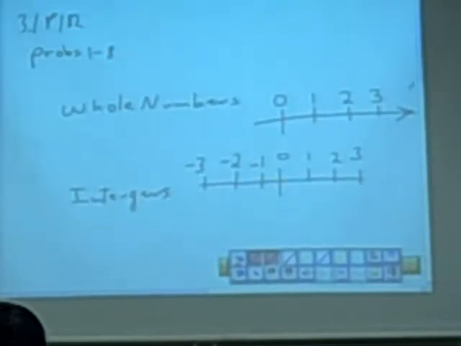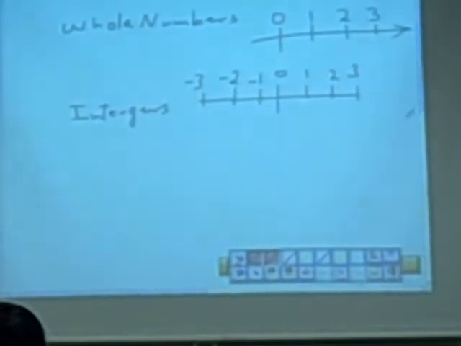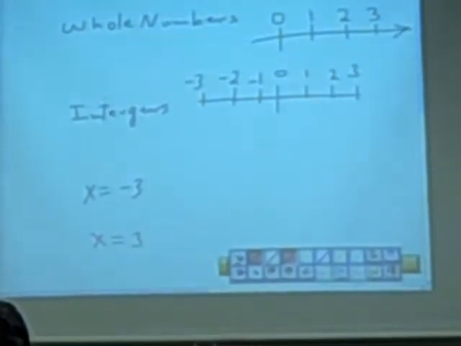Now, if we were to come up with a solution, let's say, x equals -3, okay? Well, sometimes people will come up with a solution, but they forget the negative. And it looks like one little tiny negative, right?